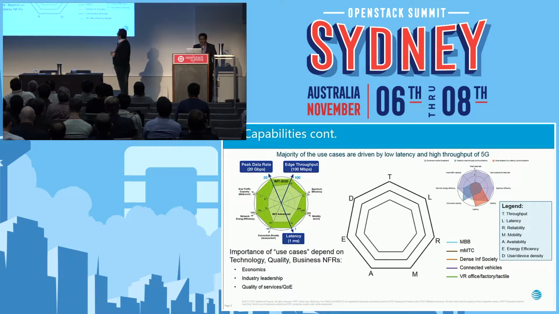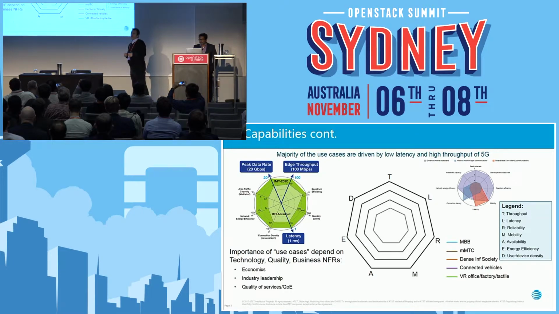So what are the use cases that we are going to map, or what are the use cases we are going to use this 5G technology for? Everybody is very excited about 5G. Is it going to be extreme low latency or extreme high bandwidth, or do we have lots of use cases with lots of KPIs as specified here?